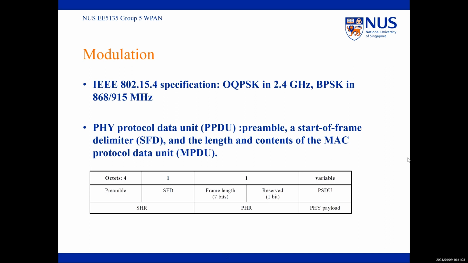Also, this physical layer specifies formats for the physical protocol data unit that include the preamble, start of frame delimiter, and also the length and the contents of the MAC protocol data units.